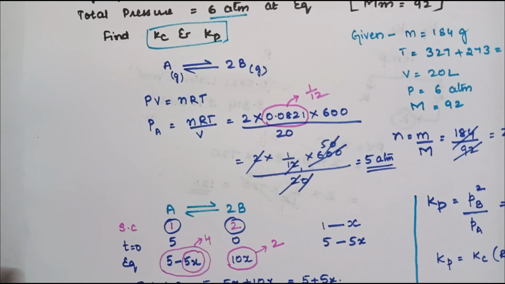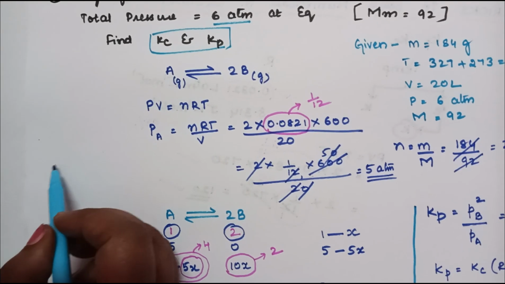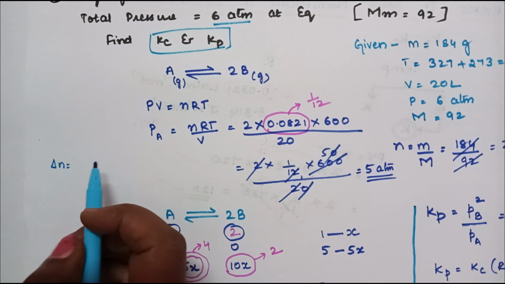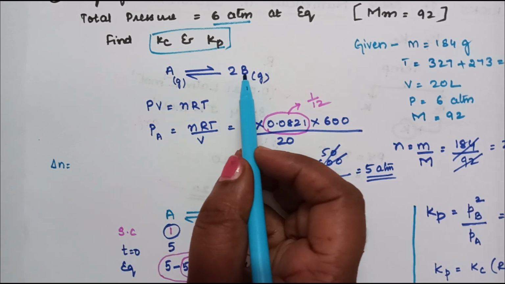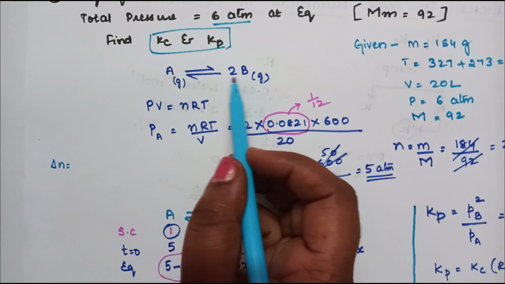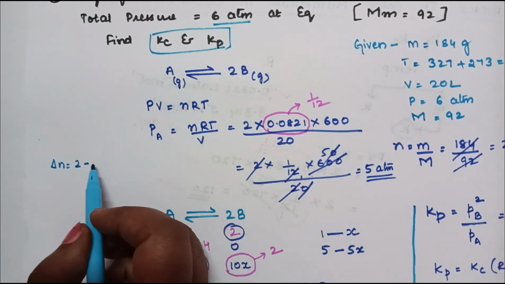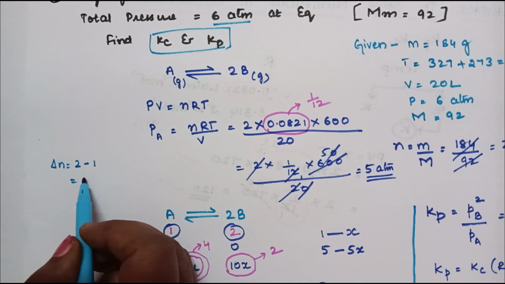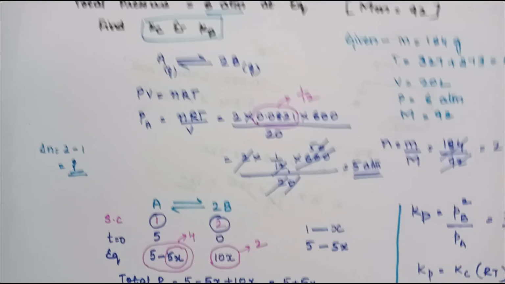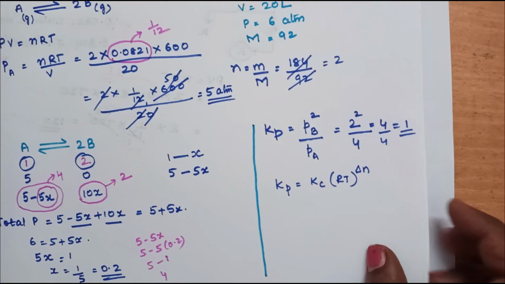So first we'll find delta N. Delta N is equal to the number of gaseous moles of the product. How many moles of products are there? 2 moles. 2 minus reactant 1. So 2 minus 1 you will be getting 1 as the answer. So delta N value is 1.